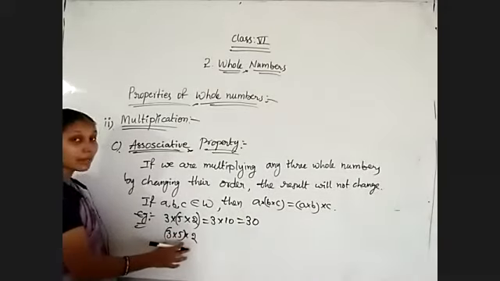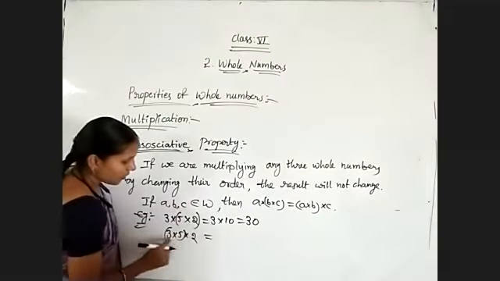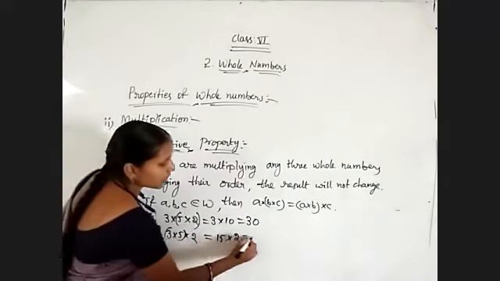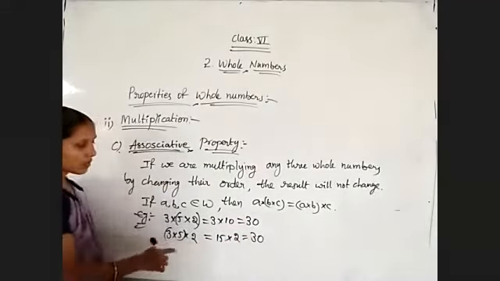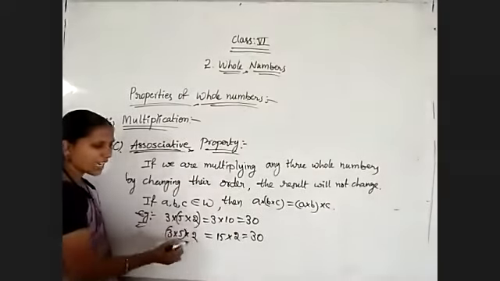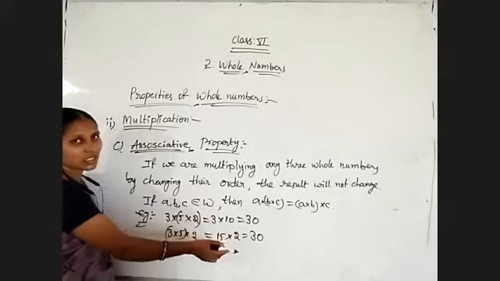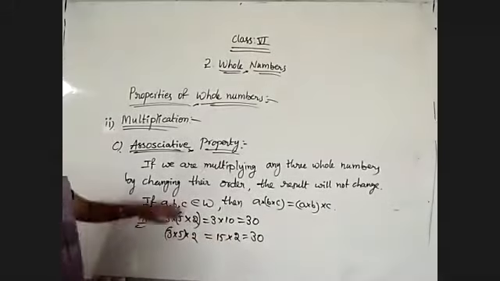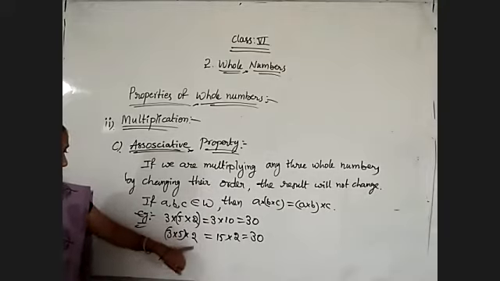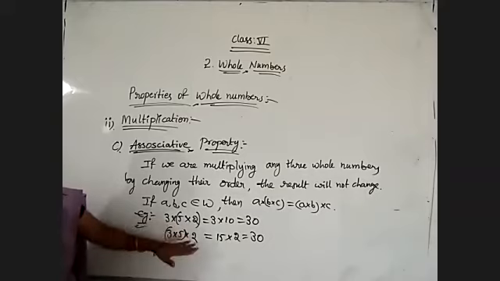We will change the brackets. So 3 5s are 15 into 2. 15 2s are 30. So observe, in both cases, even though we are changing the grouping of the numbers, the result is not changed. So that means when we are multiplying any three whole numbers by changing their order, the result is not changing.